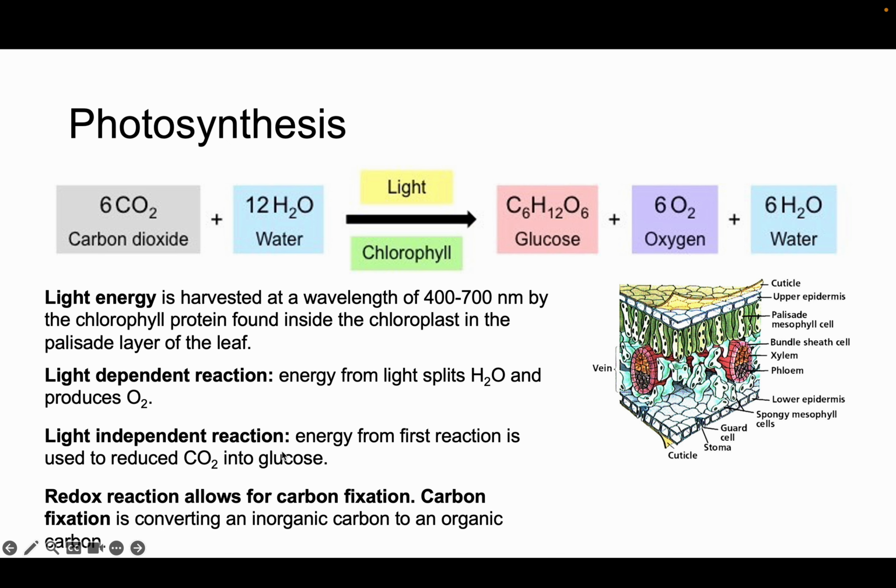And in this redox reaction, it allows for another reaction to occur, which is called carbon fixation. Carbon fixation is just when we go from an inorganic carbon to an organic carbon. In this case, the carbon dioxide is the inorganic carbon, and then when we form glucose as a result, the carbon in glucose is considered organic.